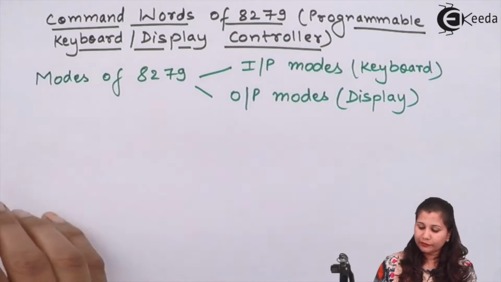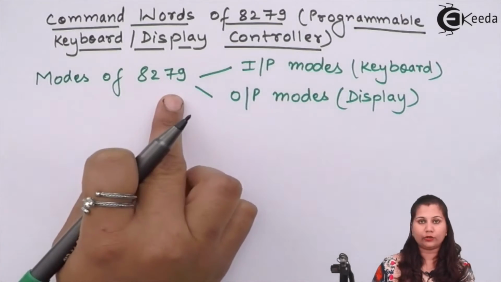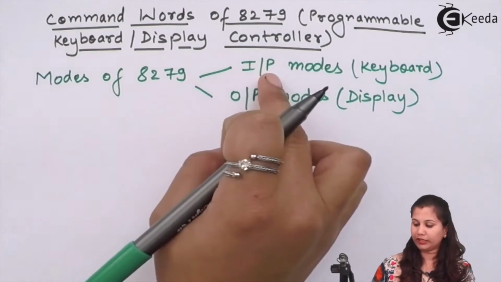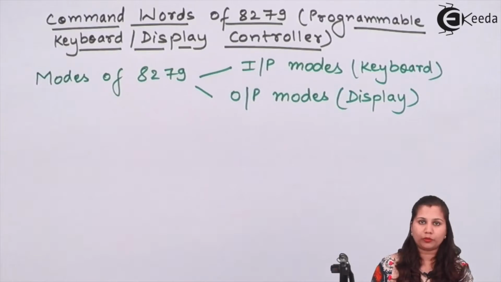The first command word is for the keyboard display mode set. This command word sets whether the 8279 is going to work in the input mode or in the output mode.